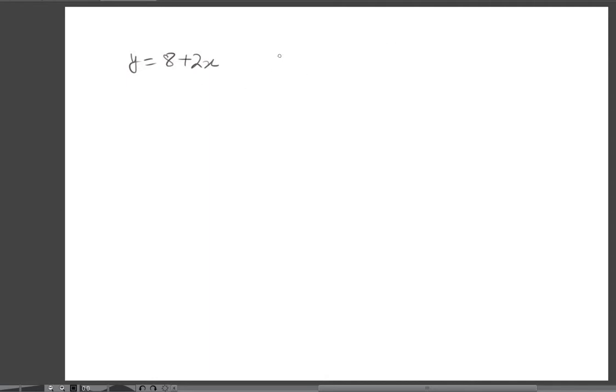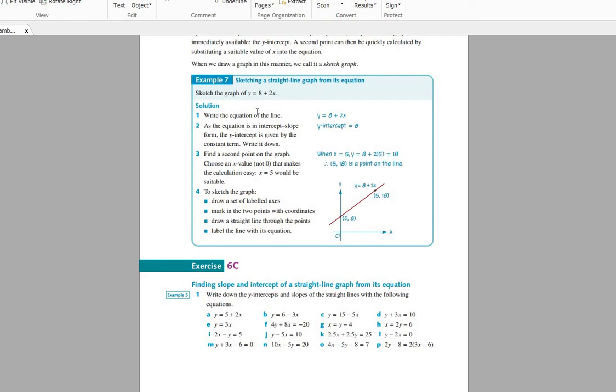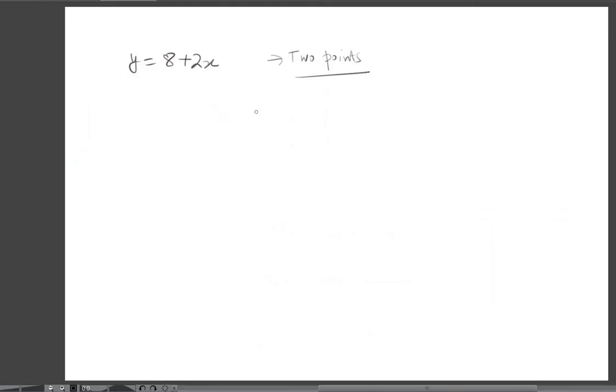So what we do is basically we take 2 points here. In the first point, I make my x as 0 and I find the corresponding value of y. And in my second coordinate, I can make y as 0 and find x.